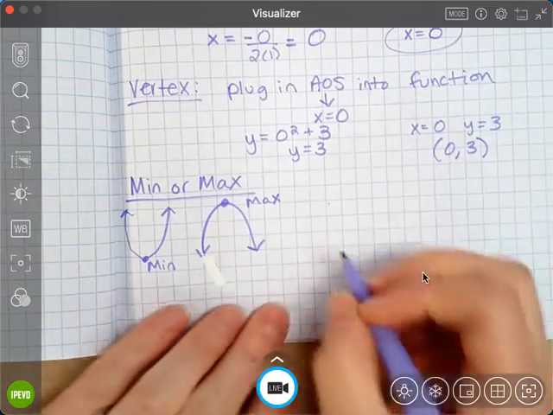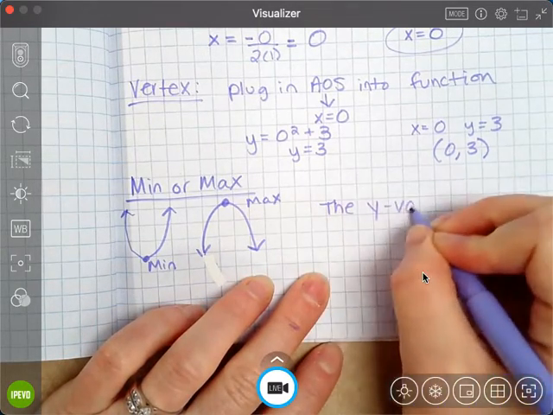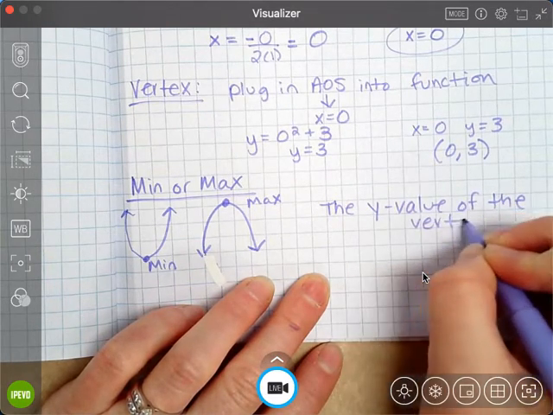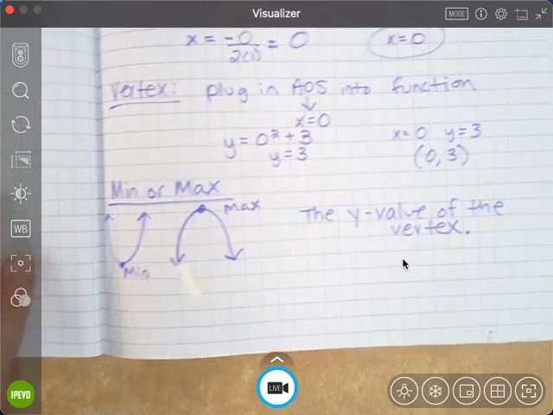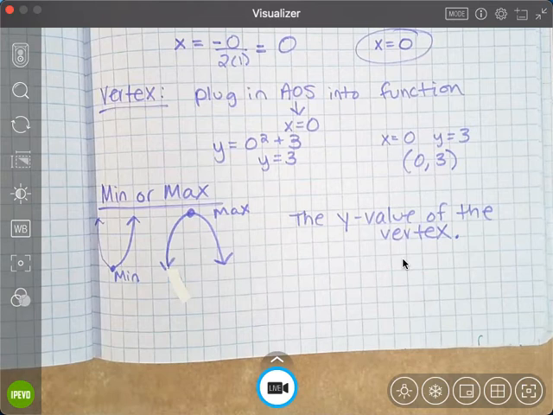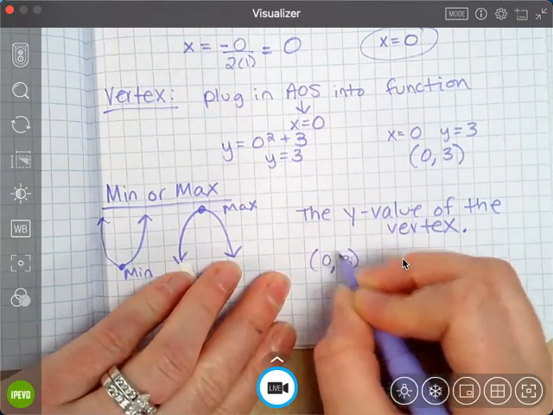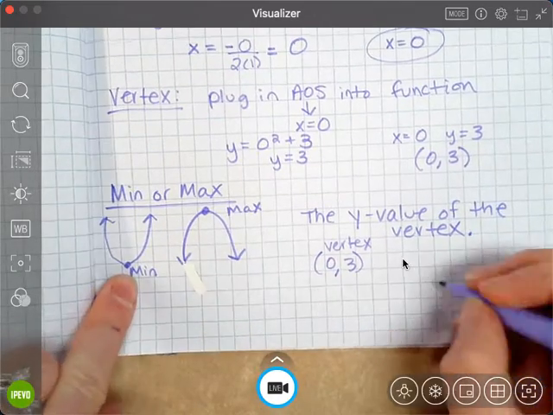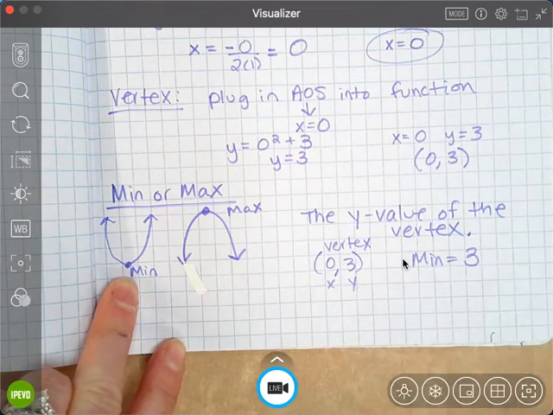And it will just be the y value of the vertex. So an easy way to find it is just look at what is the y value of the vertex. So on this example, the vertex was at 0, 3. So our minimum value equals 3, because this is x, this is y.